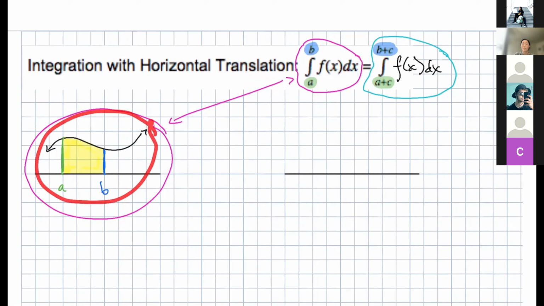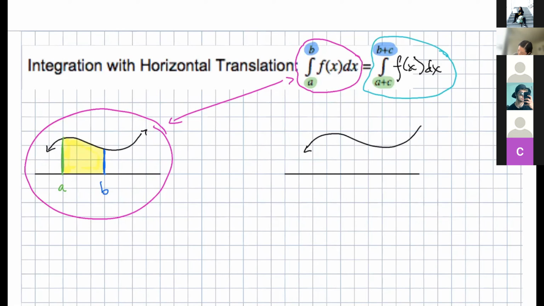It doesn't really matter, but if I'm taking this whole equation and shifting it to the right, let's say, or the left, then we have our same graph, except we have different starting points, okay? Meaning that we have our graph.